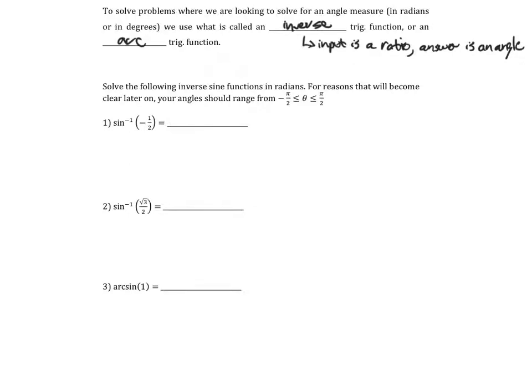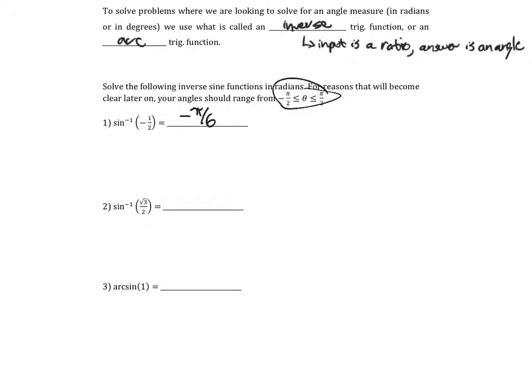From negative pi over 2 to pi over 2, that answer would be negative pi over 6. You might say, well, Mr. Bonner, isn't 11 pi over 6 an answer? It is an answer, but it's not within the range that I asked for of negative pi over 2 to pi over 2. So I'm only looking for answers in that range.